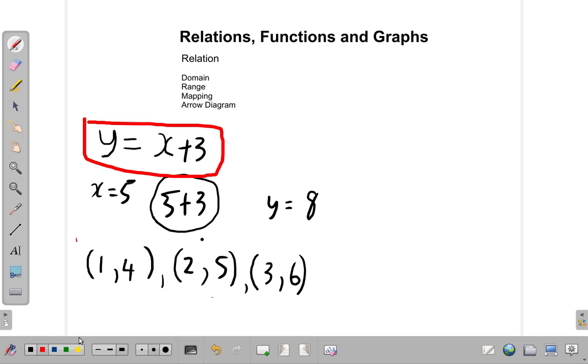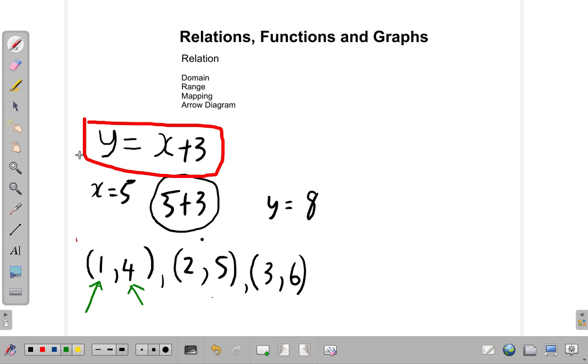Now, when you have the first number put there, in this case 1, you input 1. What you put there is called the range. And then what you get out of the relation is called the, no, I'm sorry, I'm mixing them up.